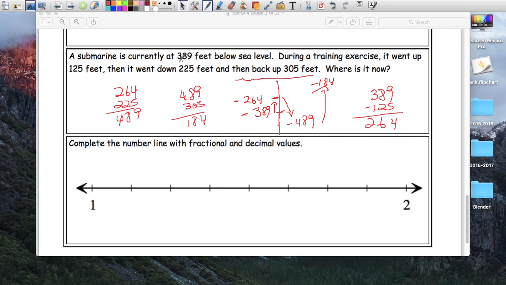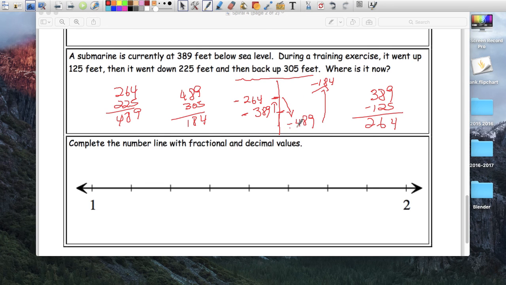Okay, so 389 is where he started. He went up 125 feet, so 389, 388, 387, 386, etc., all the way to 264. That would be 125. And then from there, he went down again 225 feet. So from 264, if you walk 225 steps, it would take you all the way to negative 489.